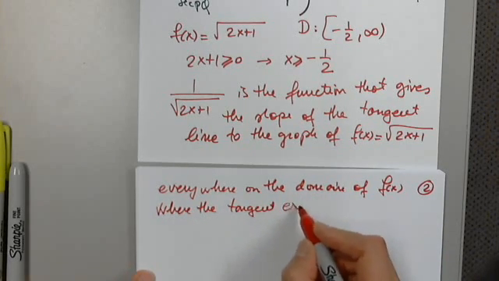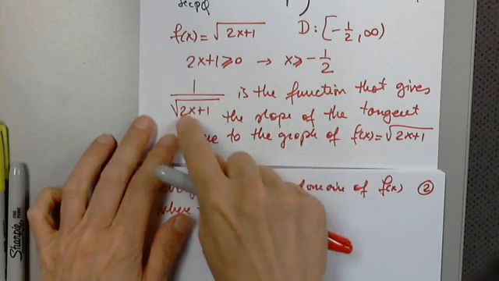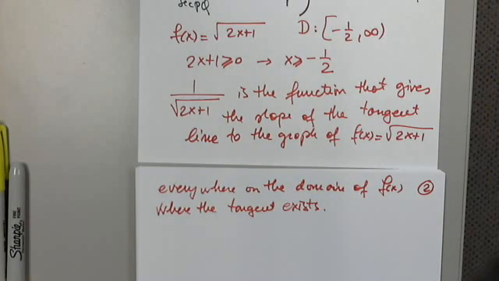Where the tangent exists. So that's why we determine the domain. Can you tell me where this function will not exist?